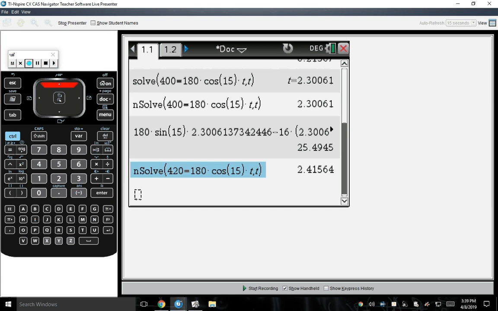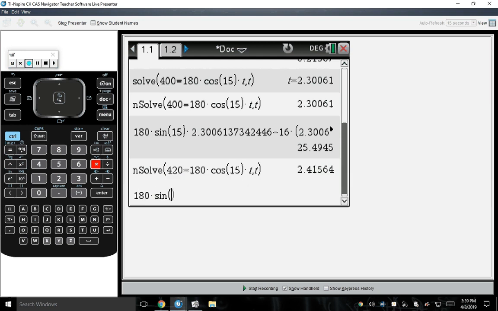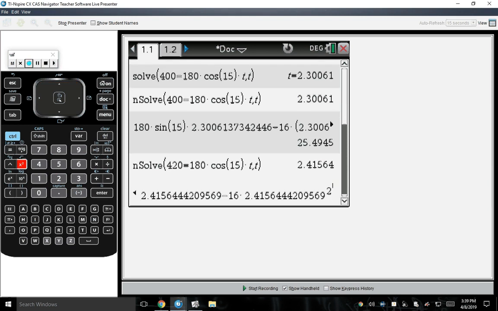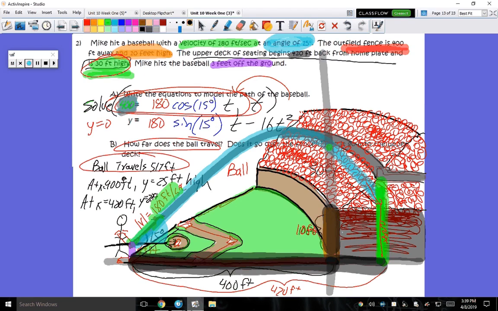And then I'm going to plug that into my sine function, which is 180 times the sine of 15 degrees times that t value minus what? 16 t squared plus 3. And it's 22 feet. So when it reached this distance of 420, the ball was 22 feet high.